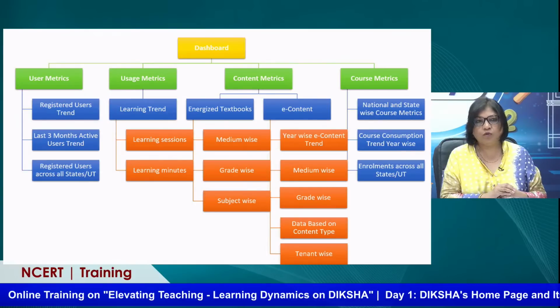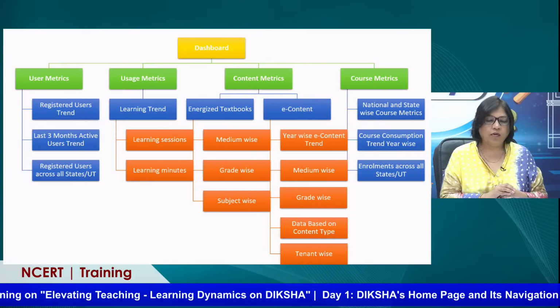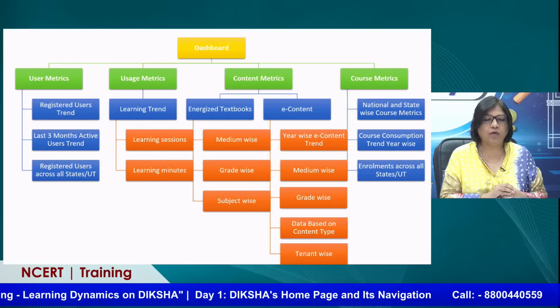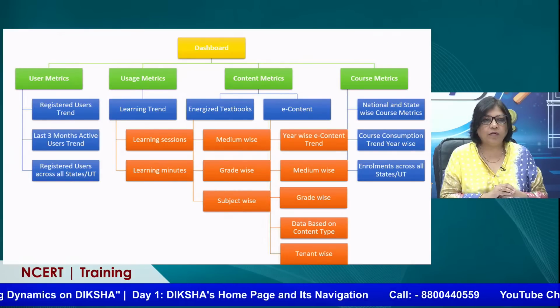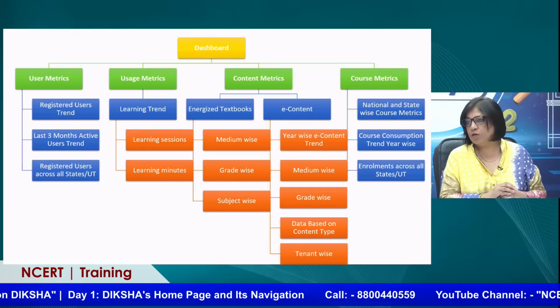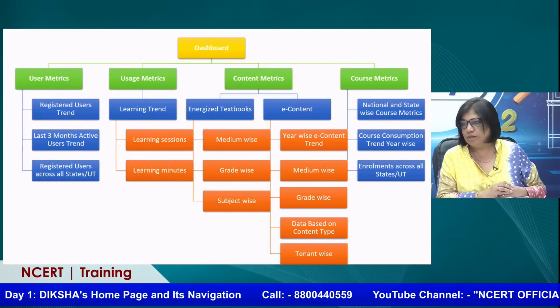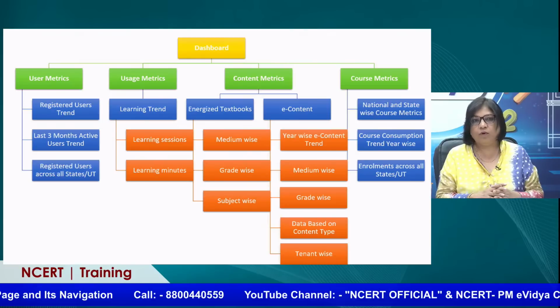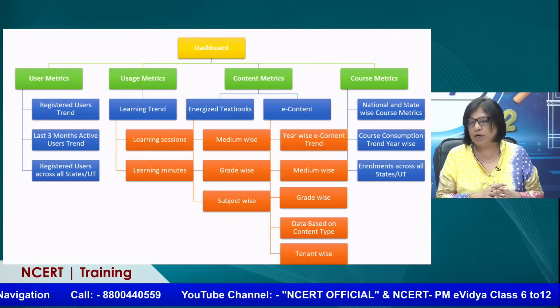And when it comes to the e-content which is reflected on the dashboard, we can see the year wise trends on e-content upload. Every year how many e-contents have been uploaded on DIKSHA.